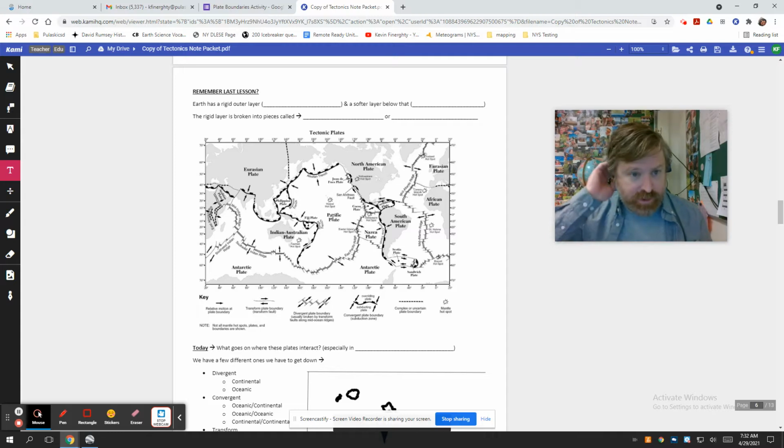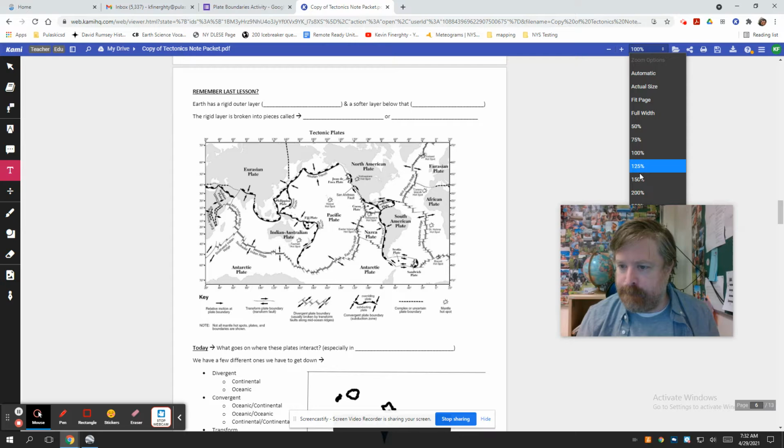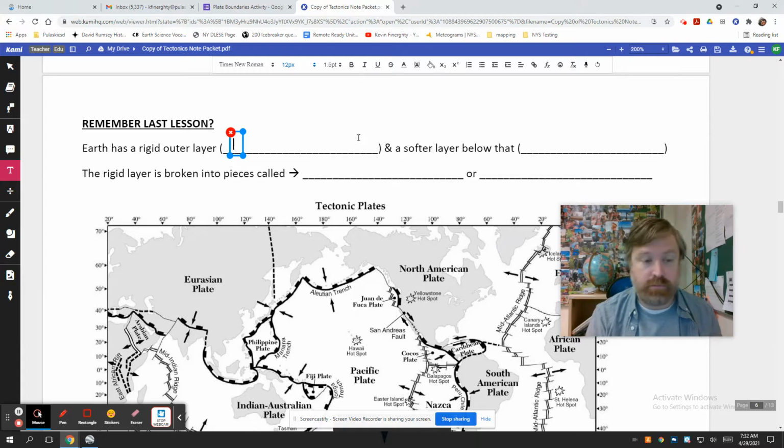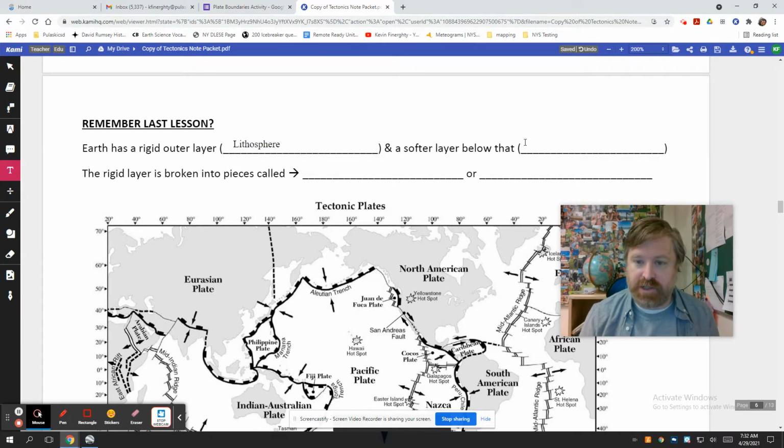That produces enough energy for an earthquake. So the Earth has this rigid outer layer. What was that called? Lithosphere. And a softer layer below that's asthenosphere, A-S-T-H-E-N-O sphere.